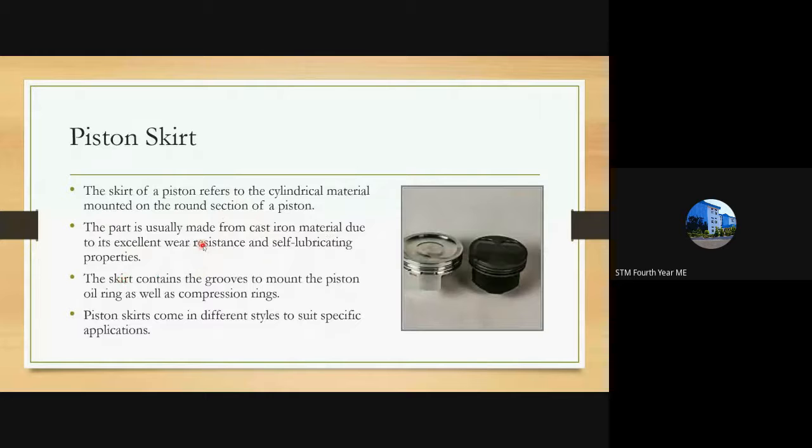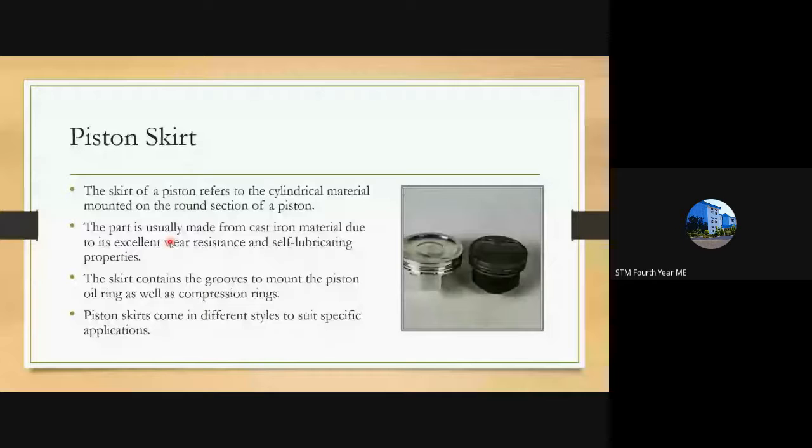So wear resistance means, as I have told you, due to the scraping of metal, material particles or metal particles in the form of small particles are carved out from the surface of the cylinder wall or the piston ring or the piston itself. So to avoid that, we use materials that have excellent wear resistance.